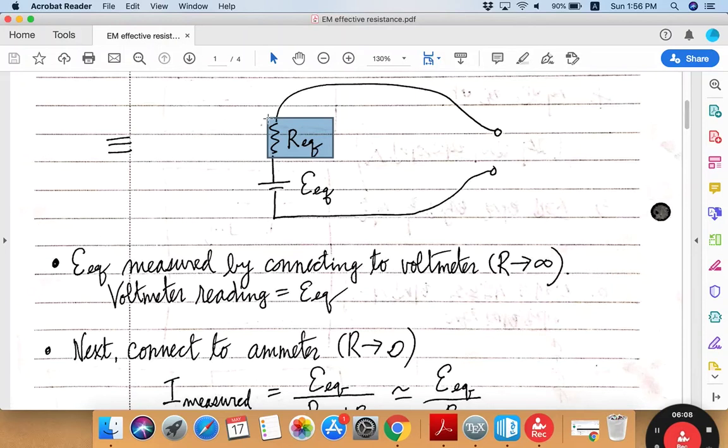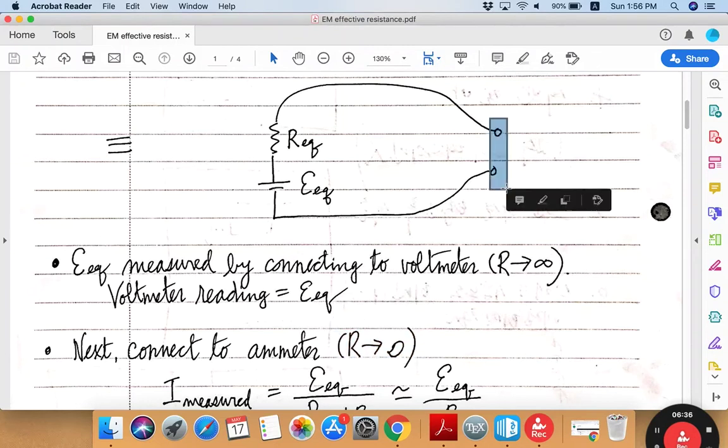Well, to determine that, instead of connecting these two nodes to a voltmeter, you connect them to an ammeter. An ammeter, by definition, is a device that has extremely low internal resistance. So the internal resistance is effectively going to 0.